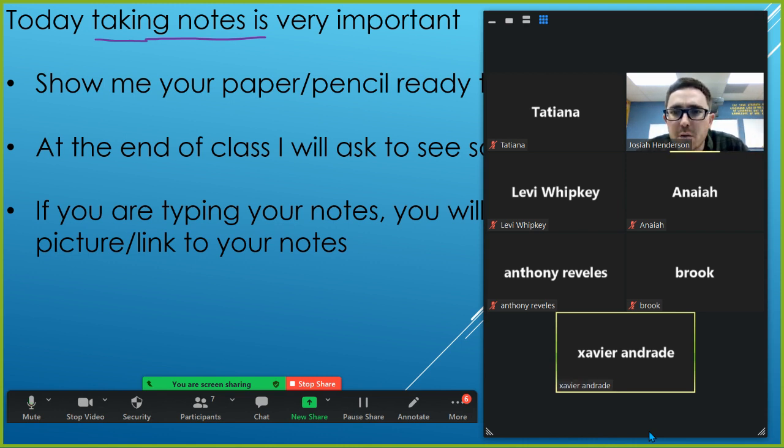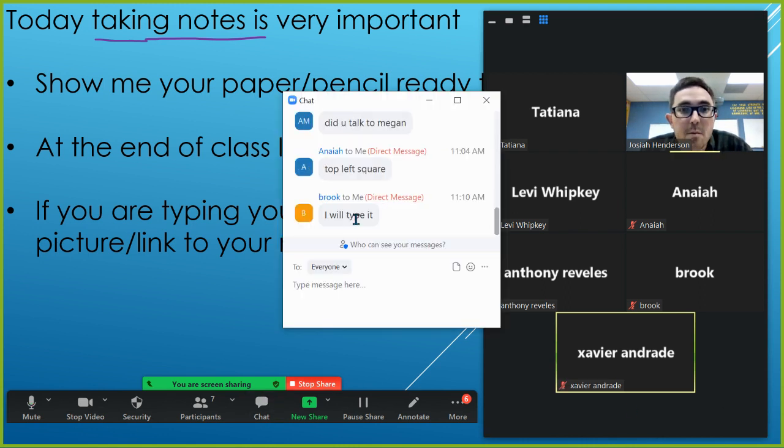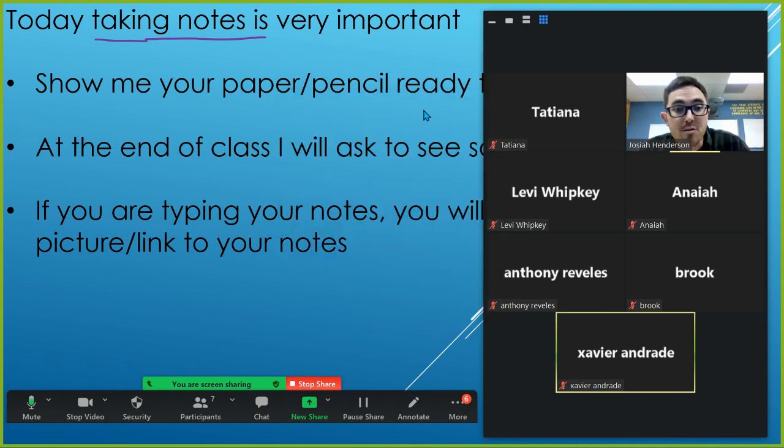Top right of the screen on Google Drive or Google Docs, it says share. Hit that, type in my name, Josiah, and it's going to pop up because we've shared stuff together before. And that's easy. You don't have to send me anything. It's already done. Brooke, I want you to do the same thing as Xavier. I want to see your notes shared with me today, okay?